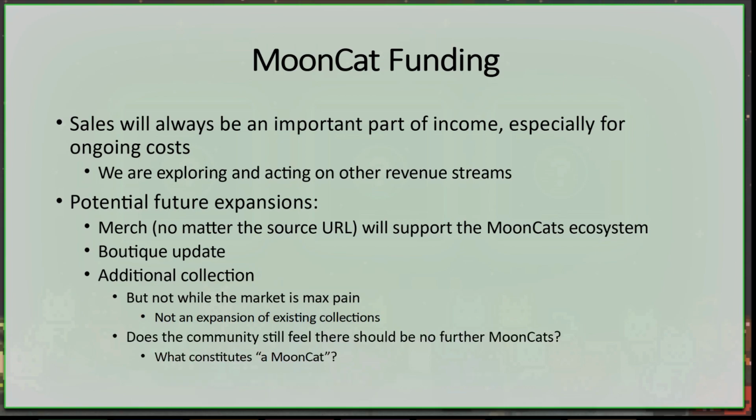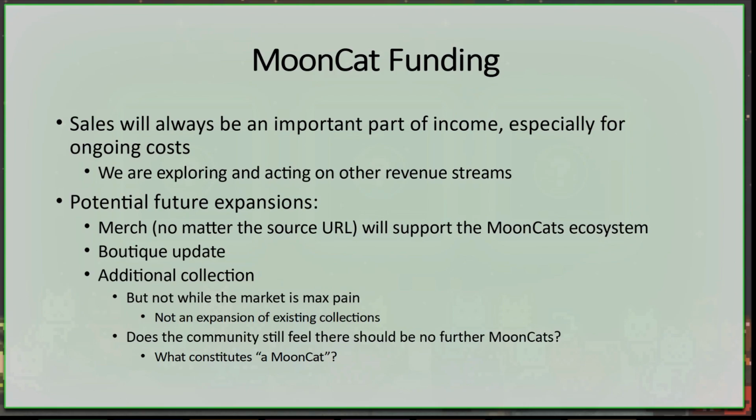But, and this is where we're starting to throw out some hypothetical questions where we haven't made any hard and fast decisions yet, because we want the community to be part of this conversation. The question we have broadly is, does the community still feel there should be no further MoonCats? And yes or no to that question also spawns a second question: what constitutes a MoonCat?